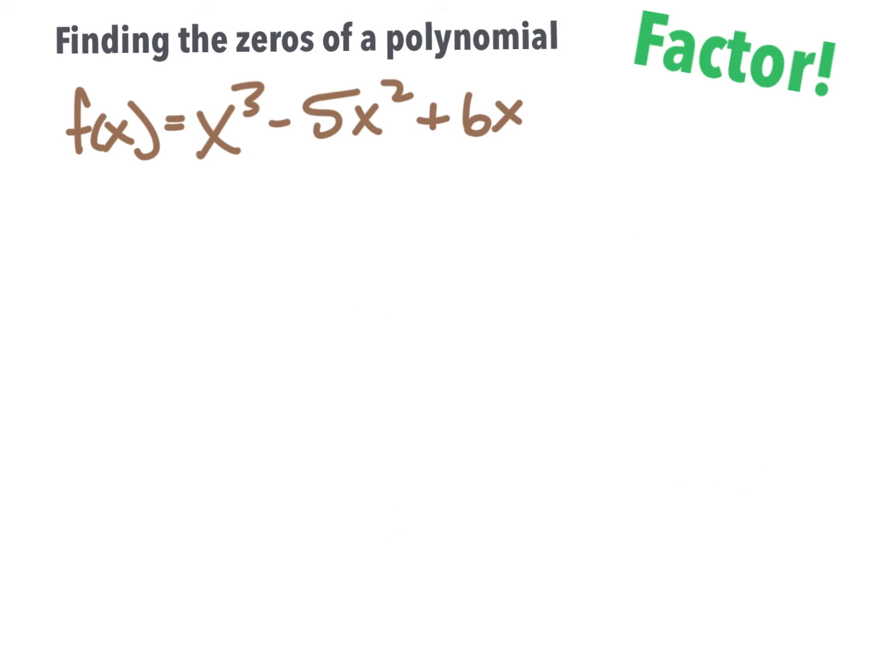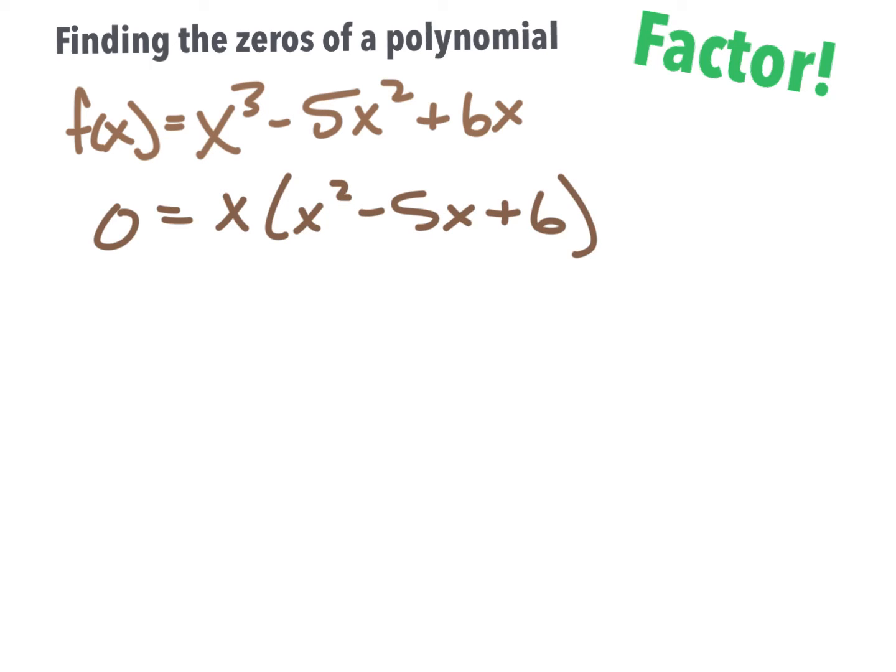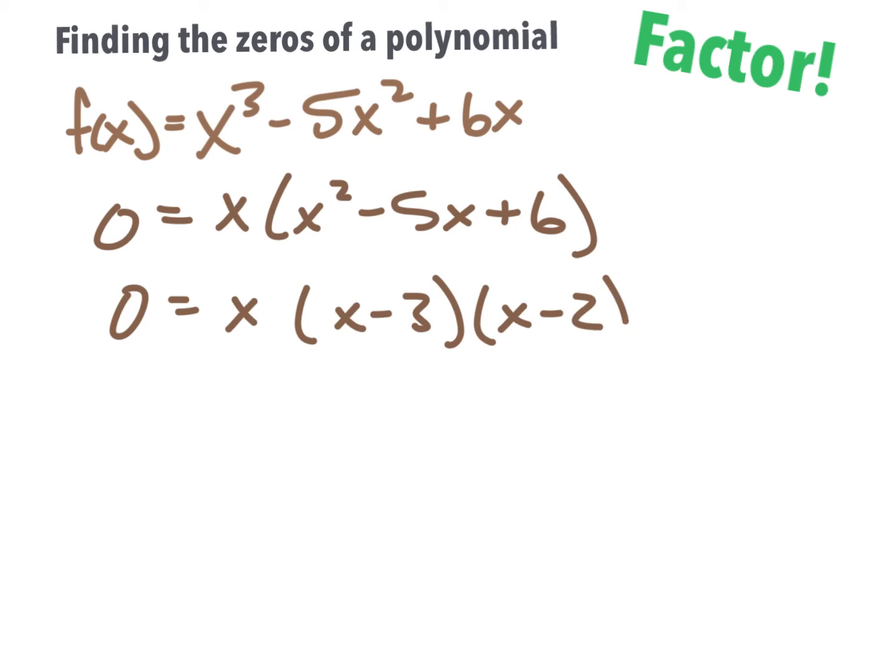All right, so that's all well and good for whenever you're given all the factors, but what if you have to find the zeros? Well, zeros are whenever y equals 0, so we set this equal to 0, and we start factoring. All right, what do these things have in common? An x. So you're left with x squared minus 5x plus 6. Now, I can still factor that. So this is 0 equals x times (x minus 3) times (x minus 2).